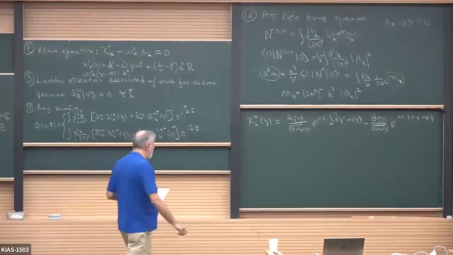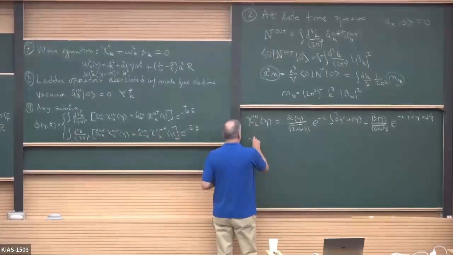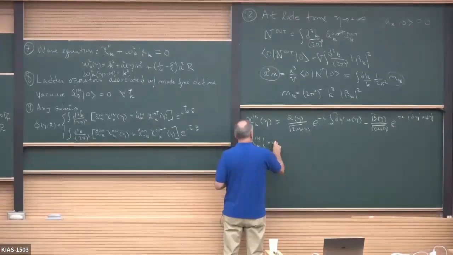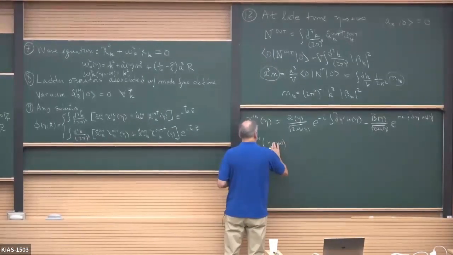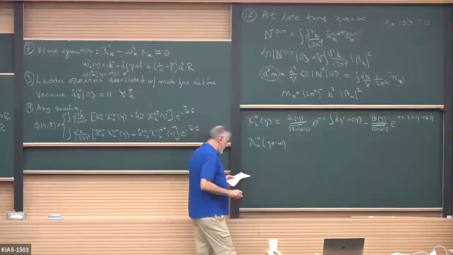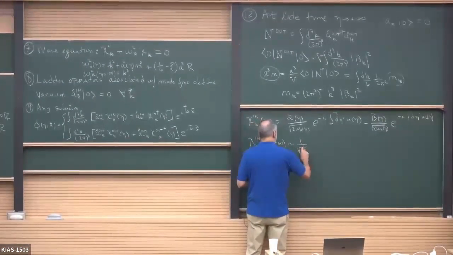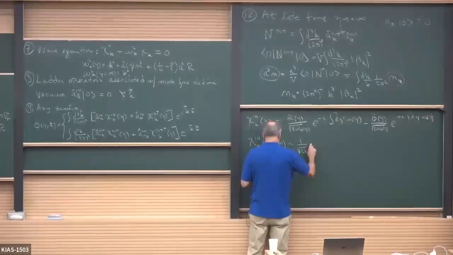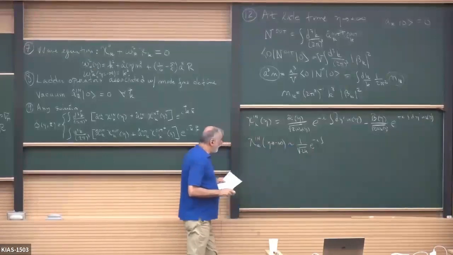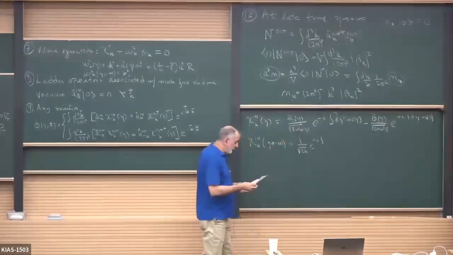And at early times, we're going to take chi as, in other words, just the pure positive energy solution.